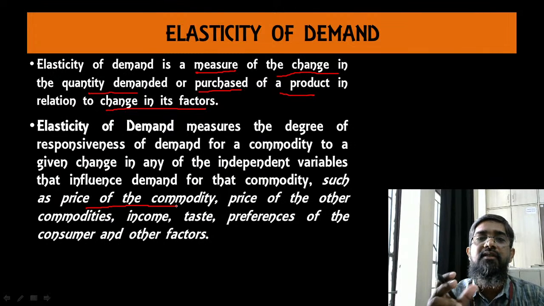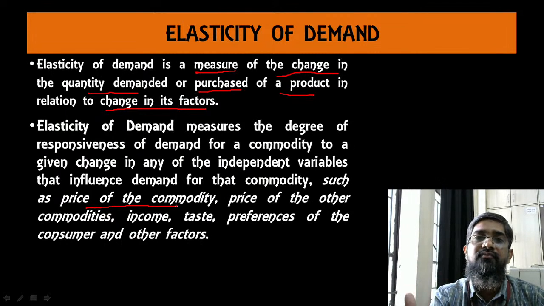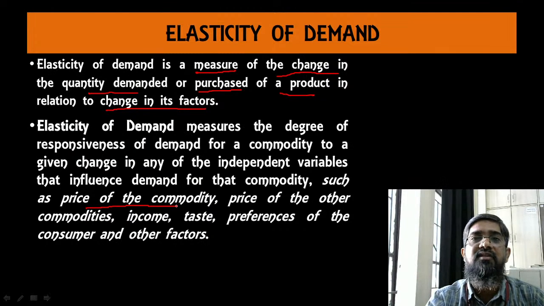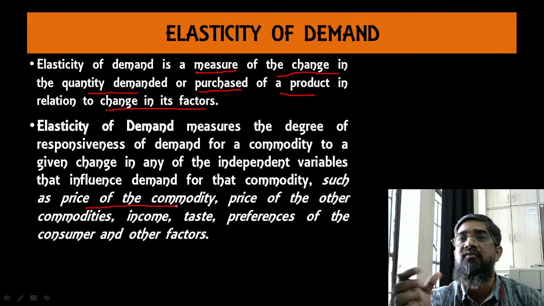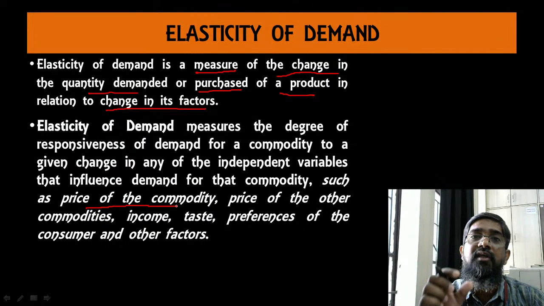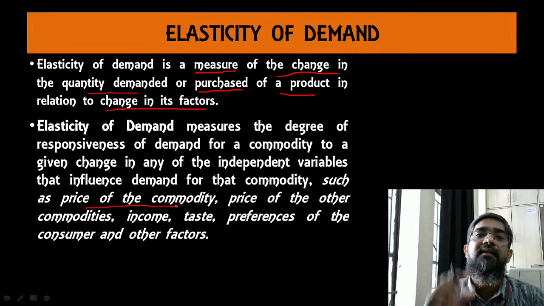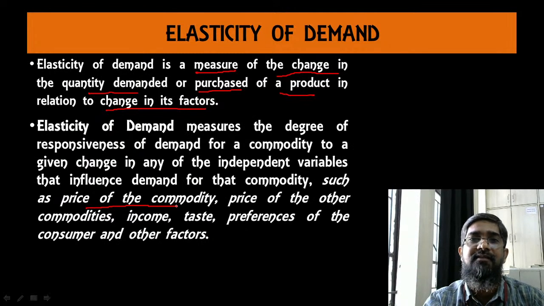So when you see the relationship between price and quantity demanded in quantity form, we quantify it, that is known as price elasticity. When you see the relation between quantity demanded and price of other related commodity, that is known as cross elasticity. When we see impact of income on quantity demanded, that is known as income elasticity.